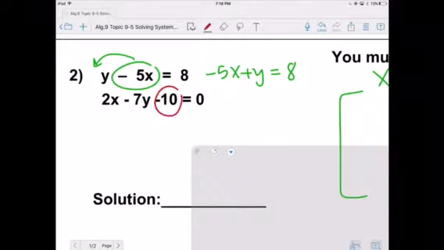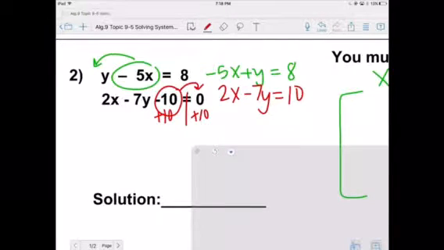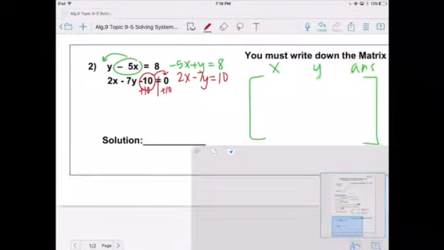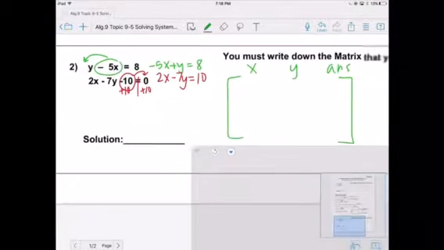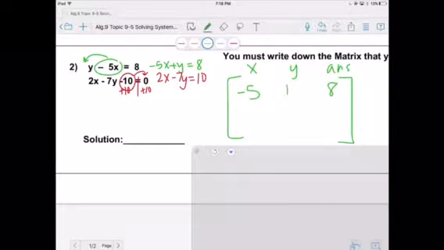On the bottom, I have an extra number, so I'm going to move the 10 to the other side by adding it. The 2x and the -7y stay. And then I move the -10 to be a +10, which will make a difference in my answer. So now I can fill in my matrix because I have x, y, answer, x, y, and answer.